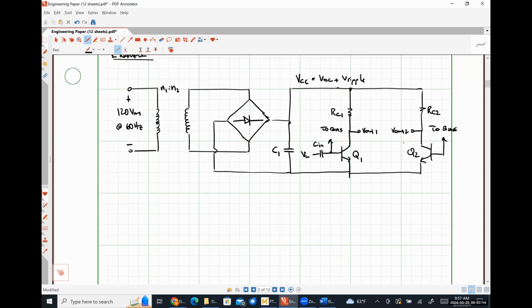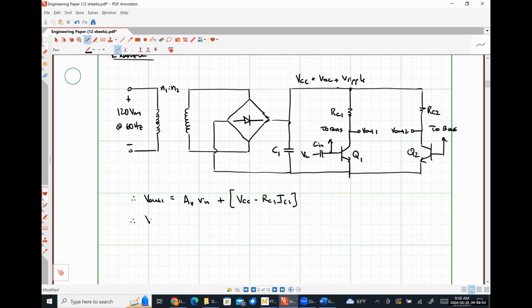So looking at this thing, our output voltage for V out 1 should just be our amplified input voltage plus our DC offset, which would be VCC minus RC1 times IC1.